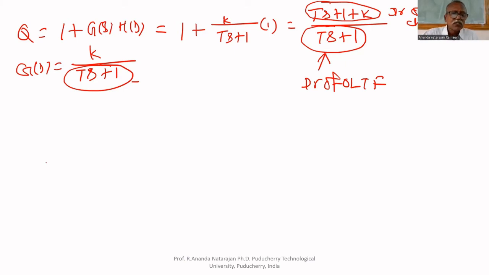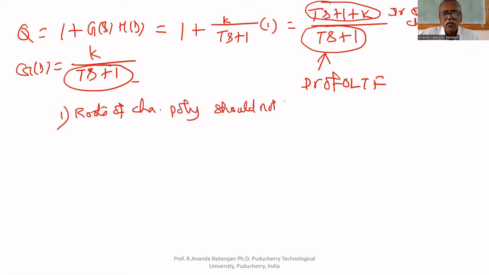All are the same. So I am telling in three ways. One is, roots of the characteristic polynomial should not be on the right hand side.